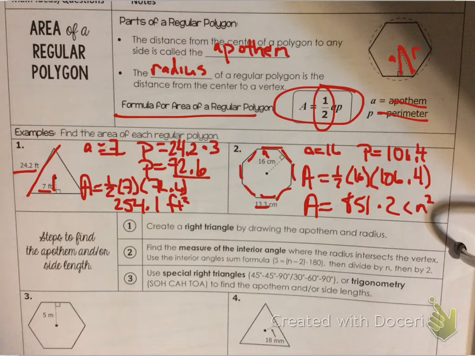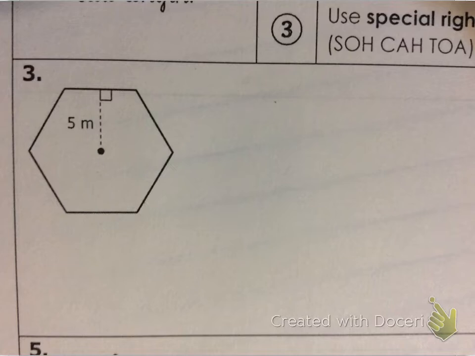Actually, let's do it this way. If you follow their steps, on number 3, I would make a little right triangle right there. I know one leg is 5.